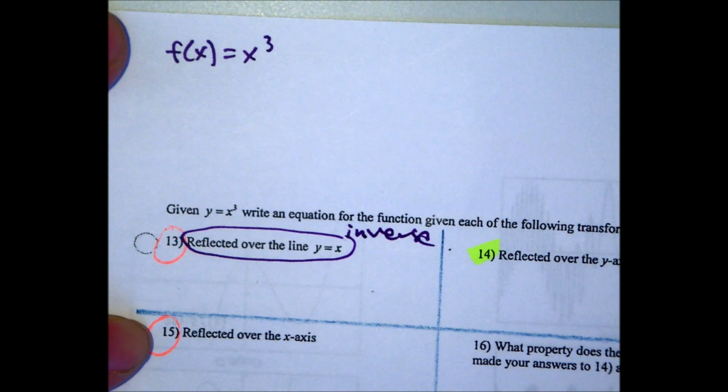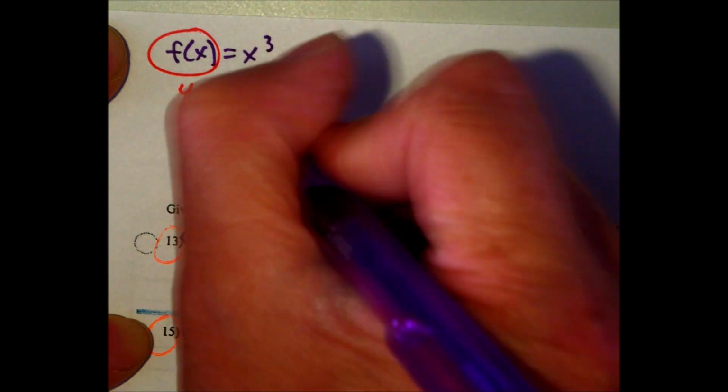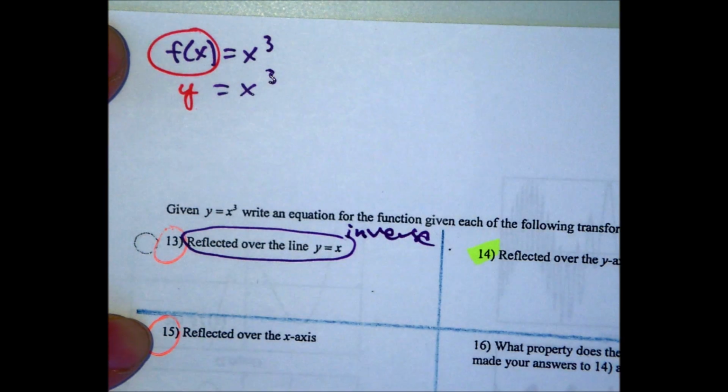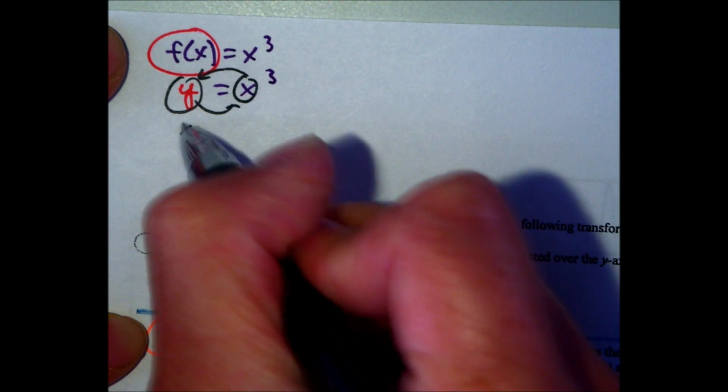Now you're used to something that looks like this: f of x equals x to the third. And then we would replace f of x with what letter? Y. Well, they already did that for us. What do you do next? You switch the x's and y's. So you have x equals y to the third.